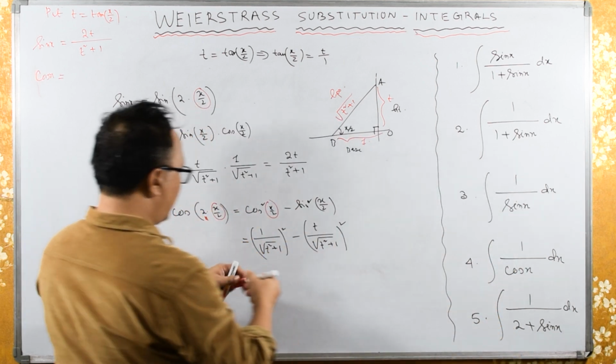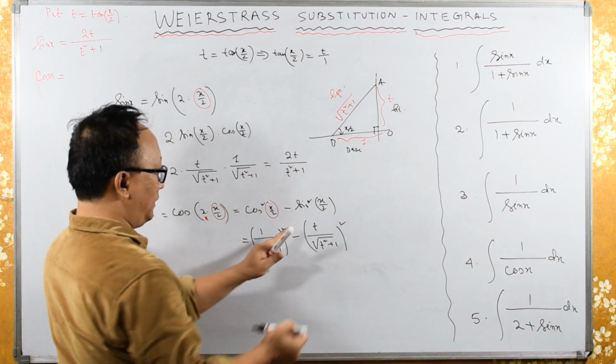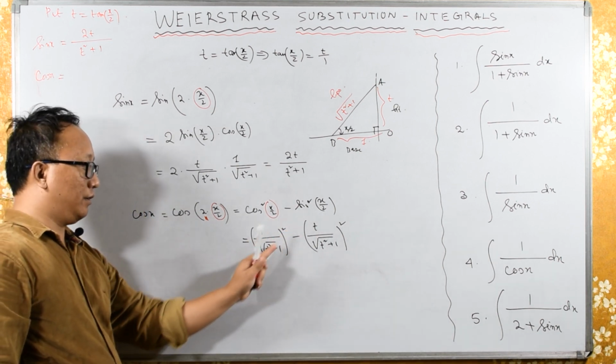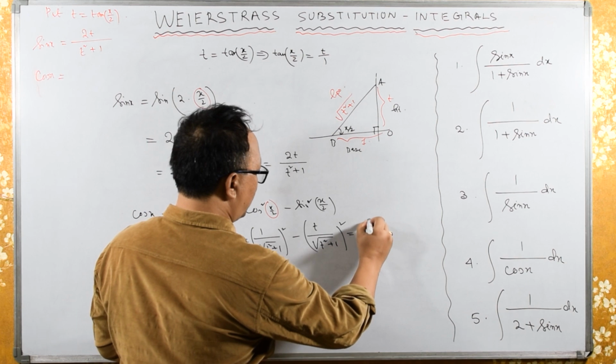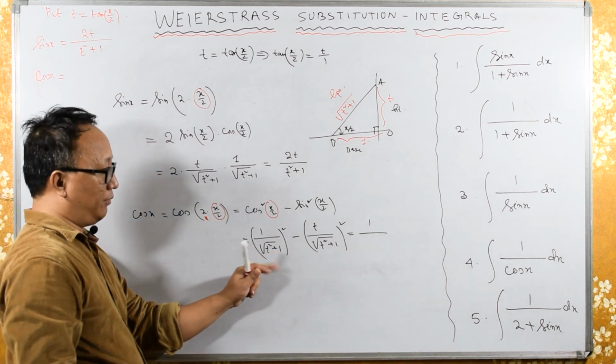Therefore, if I square over here, 1 squared is 1, and the square root of the whole square will be as it is.